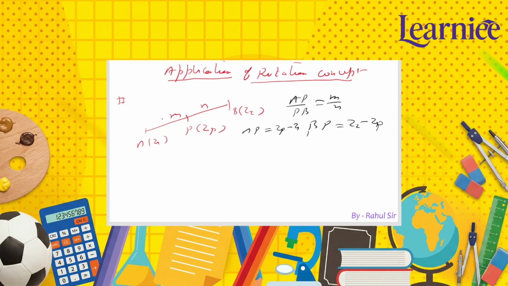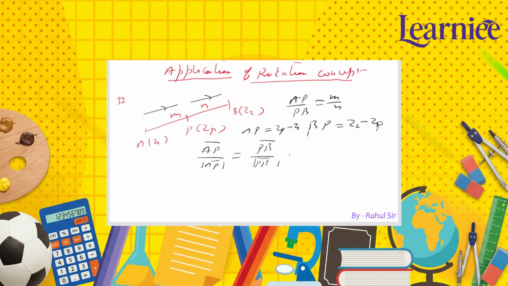Now they both have the same direction. This vector AP and PB are in the same direction, so essentially the direction is same. We have to just make the magnitude equal. So I can say that the AP vector upon the magnitude of AP is same as the PB vector upon the magnitude of PB.